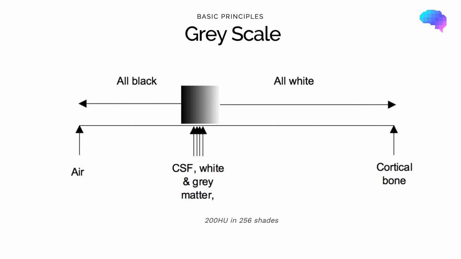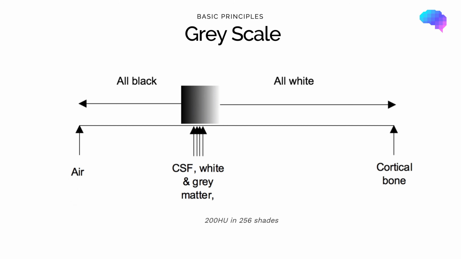So to overcome this issue, we shrink down the grayscale, so we take all of these shades of grey from black to white and we map them over a smaller area of density so that we can use more shades of grey, white and black to differentiate between important structures like CSF, white and grey matter. And so there will be a bigger difference in grayscale for these relatively similar density structures.